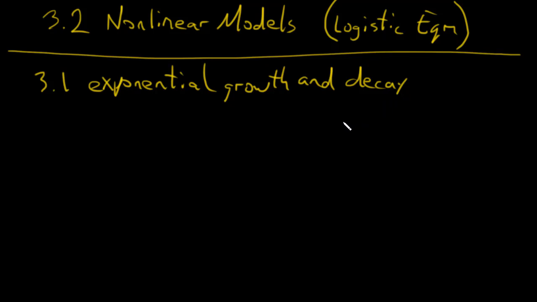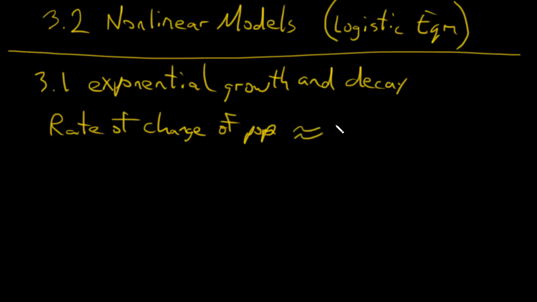So what we did is we said that in the 3.1 model, the rate of change of a variable is proportional to how much stuff is in the variable. When we looked at population, we said that the rate of change of population is proportional to the size of the population. And that makes sense.